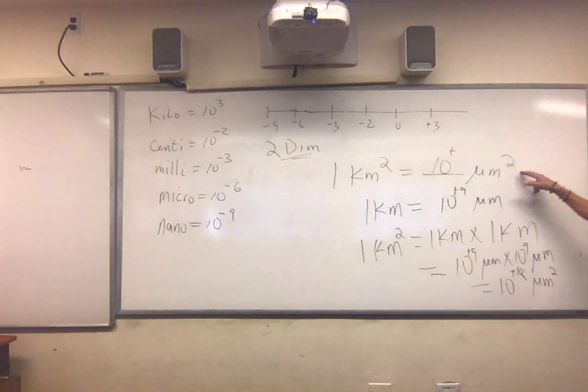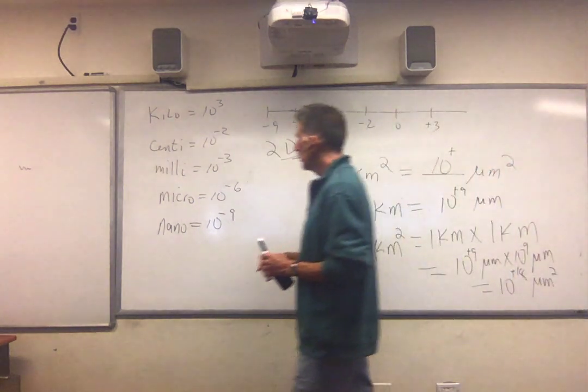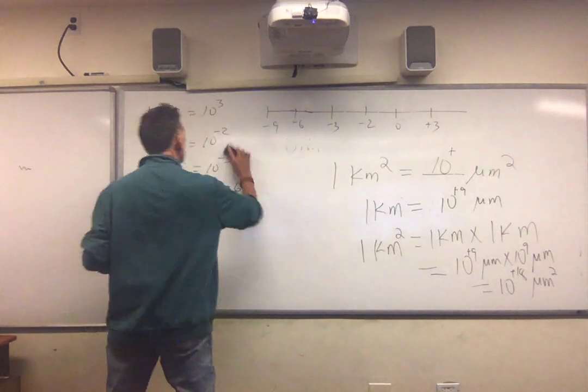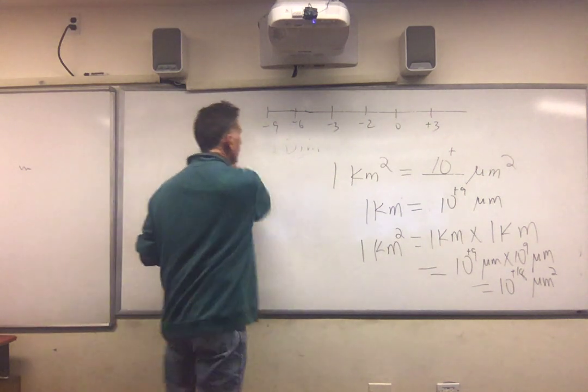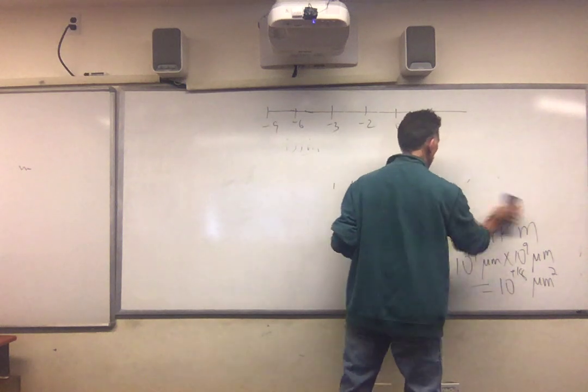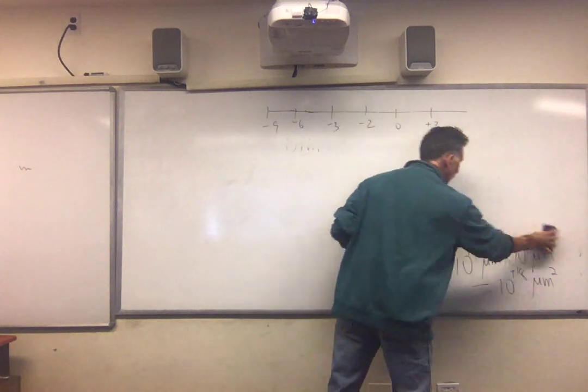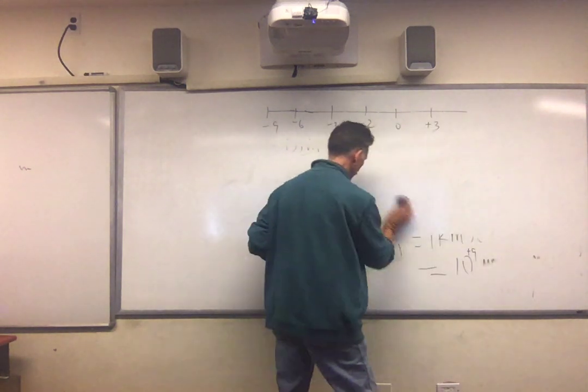So square, remember, is 2 dimensions. Okay? I can erase this. And we'll do a quick 1 or 2 examples of 3 dimensions. Remember, 3 dimensions in length have to do with volume.